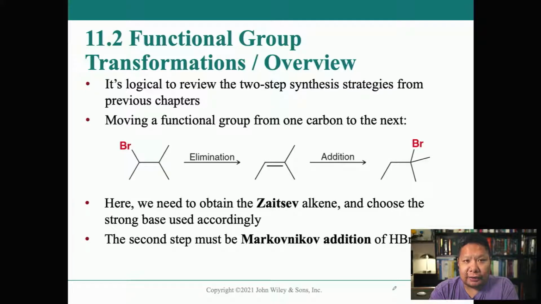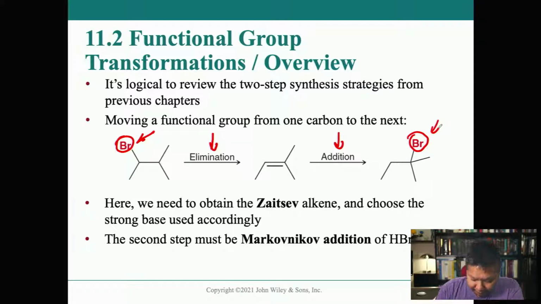So here we go. Moving a functional group from one carbon to the next. Here we want to move a bromine from that carbon to this carbon. So the two steps that are required are an elimination step, which means you eliminate this bromine here, and then an addition step, so you add a bromine there. Here we need to obtain a Zaitsev alkene, and choose a strong base accordingly.